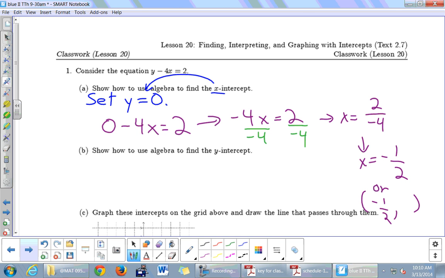It's 0. Because that's the very first thing we did, right? We set the y equal to 0. So if I ask for the x-intercept, I'm almost certainly thinking about wanting both coordinates. So you find the x by doing algebra, but you write down both coordinates. One of them is definitely 0.